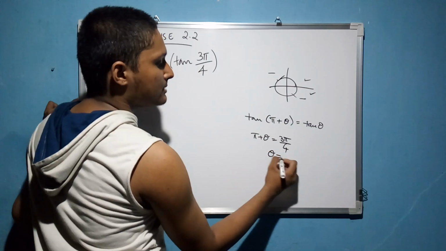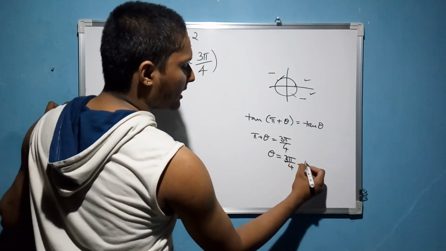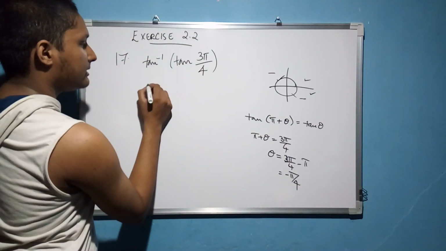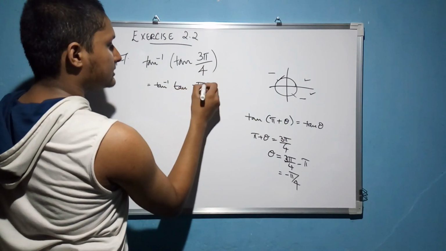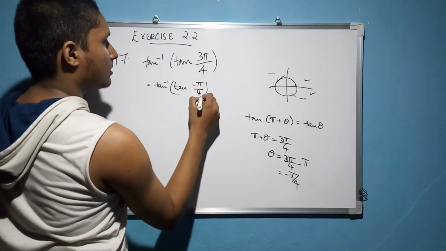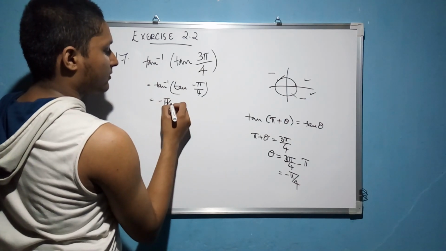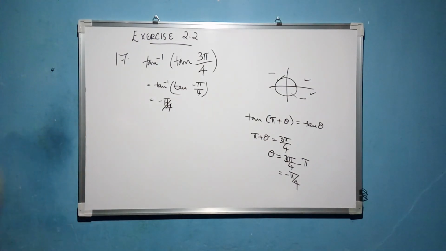Therefore, that angle becomes 3 pi by 4 minus pi, that is minus pi by 4. Therefore, I can write tan inverse of tan 3 pi by 4 to be minus pi by 4. Okay, this is it. Moving on to the 18th question.